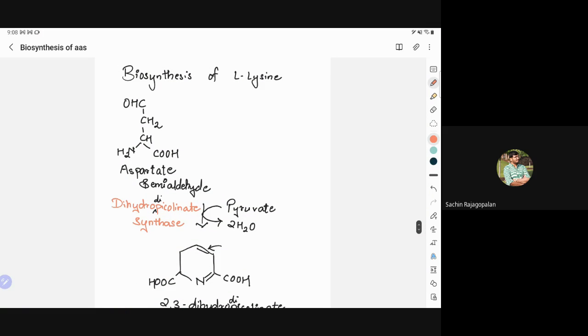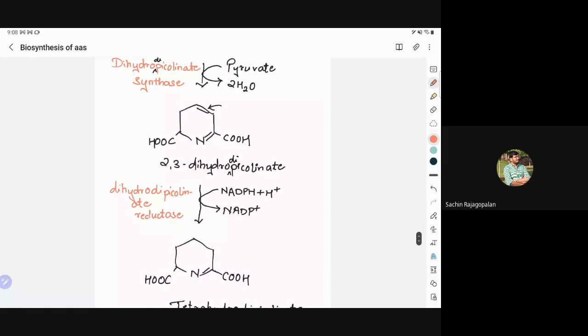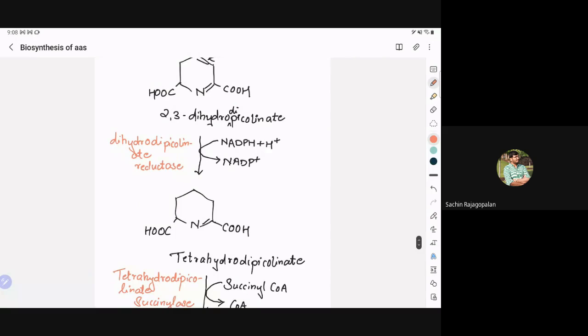Let us repeat till this part what we have done. We started with aspartate semialdehyde. To aspartate semialdehyde, we added pyruvic acid. We carried out condensation, two water molecules were removed. We formed dihydrodipicolinate. The enzyme was dihydrodipicolinate synthase. To this, we carried out reduction. NADPH and H plus were the donors of hydrogen, getting converted to NADP. We resolved one of the double bonds, we converted it to a single bond, and we formed tetrahydrodipicolinate.